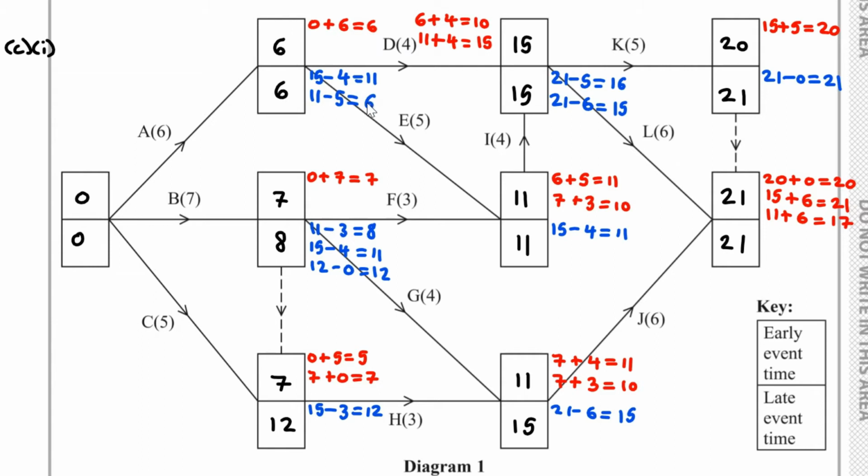So here we've got 6, take away 6, which is 0, or 8, take away 7, which is 1, or 12, take away 5, which is 7. So we choose the 0 to go here. Okay, so 0 goes here.